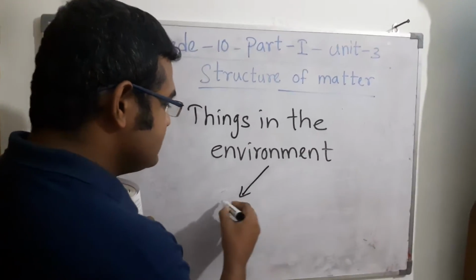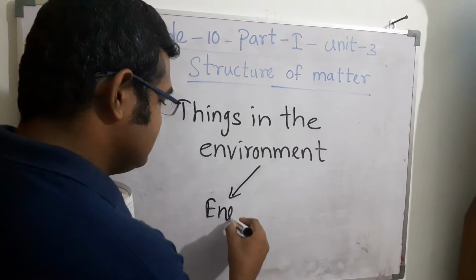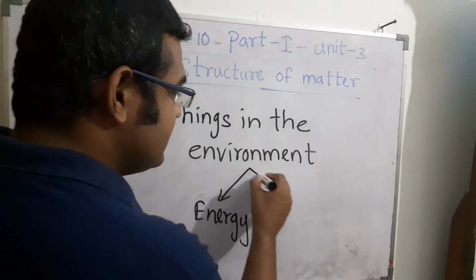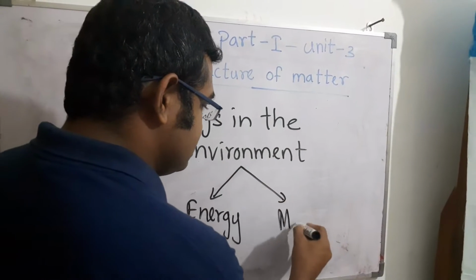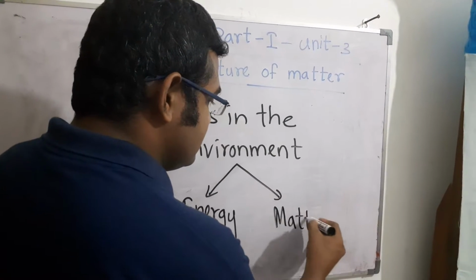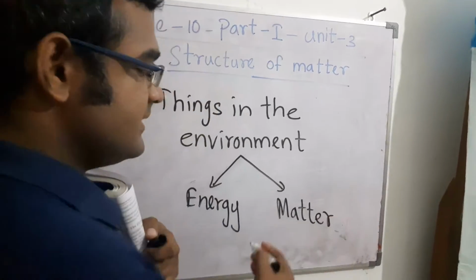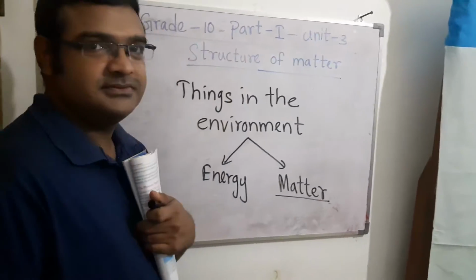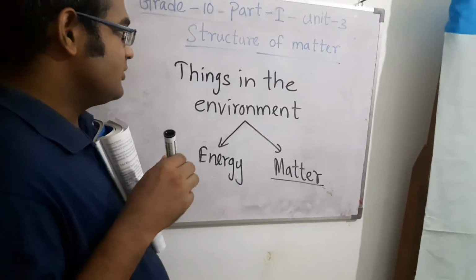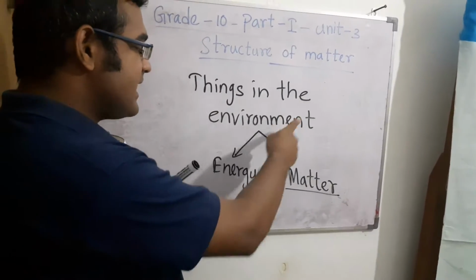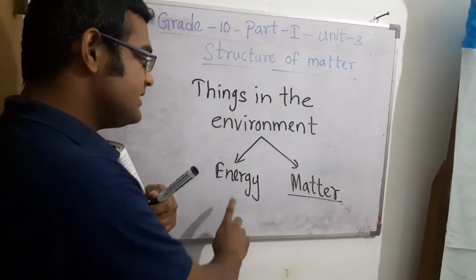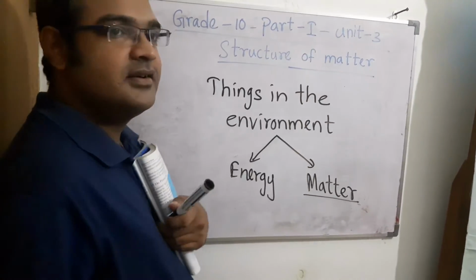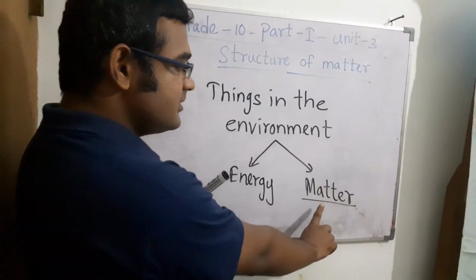One is energy. The other category is matter. So things in the environment are categorized into two forms, energy and matter. In this lesson, we are concerned about matter.